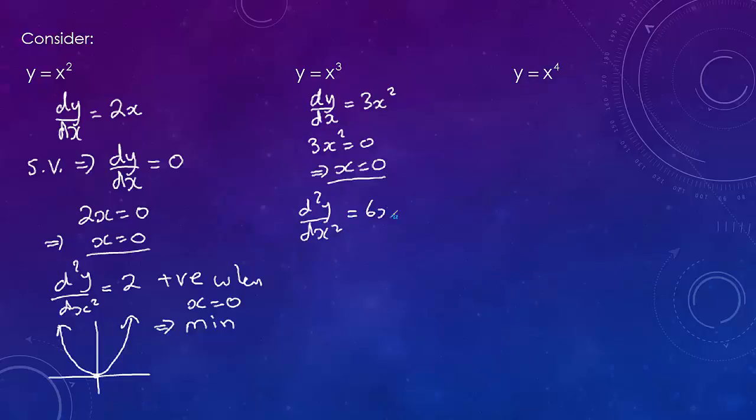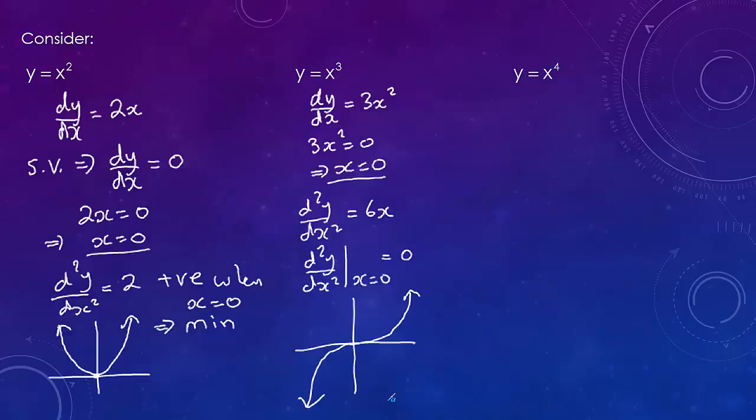That's going to be 6x. And d2y dx squared, evaluated when x is 0, is then equal to 0. Now, as it happens, y equals x cubed does indeed have a horizontal point of inflection at the origin.